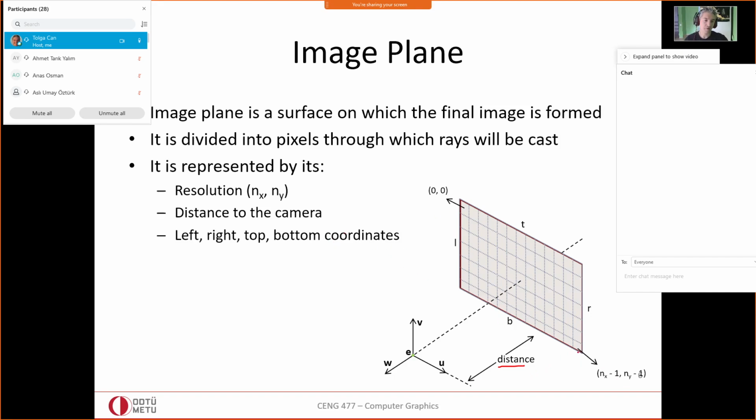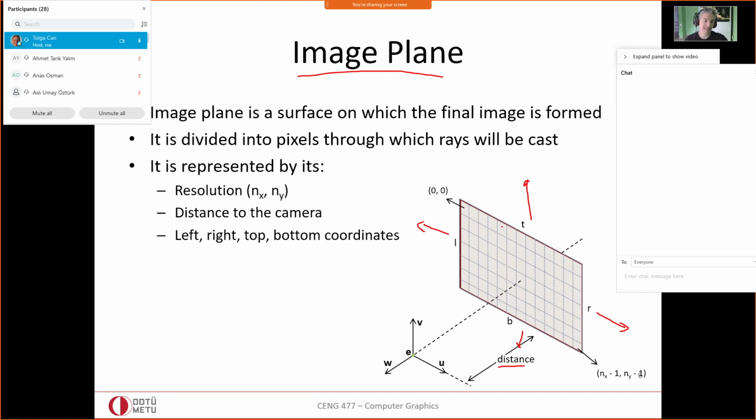The resolution. The resolution tells us about this rectangle. First of all, let's define this rectangle. The image plane itself, the plane, is unbounded. A 2D plane in 3 dimensions is something that goes in every direction, this way, that way.